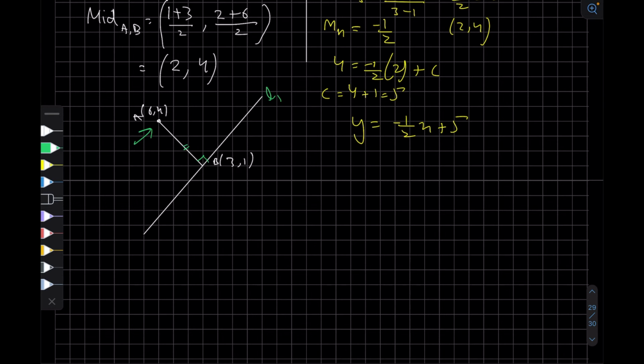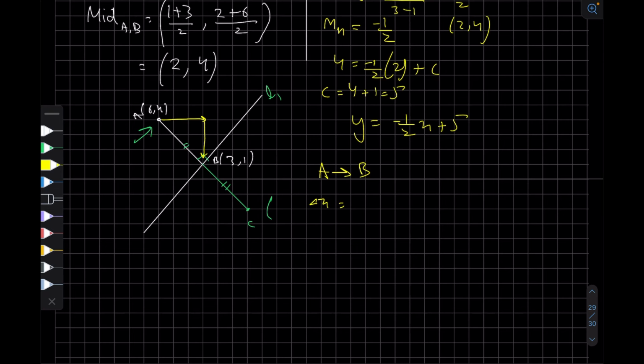So if you go ahead the same distance from here, this is some point C, and you want to calculate this coordinate C. One way you could do this is first argue that from A to B, the change in x is 3 minus 6, which will be -3, and the change in y is 1 minus 4, which is also -3.